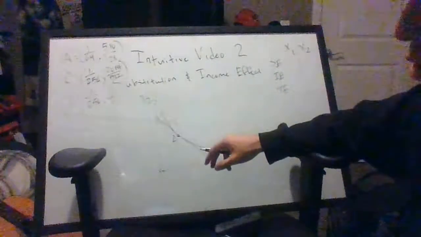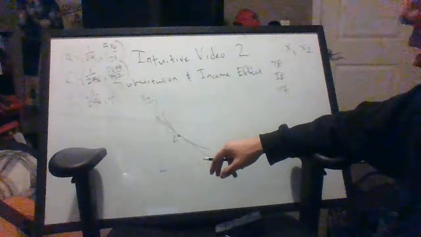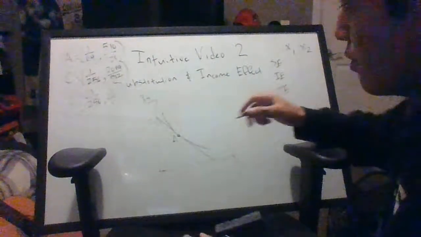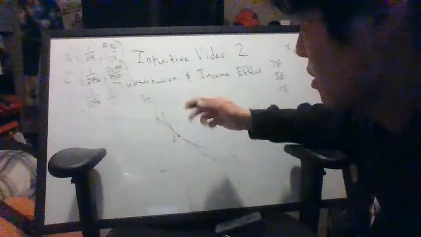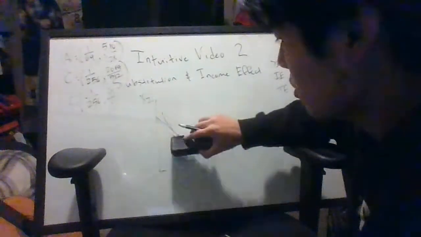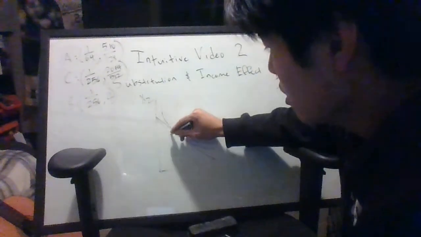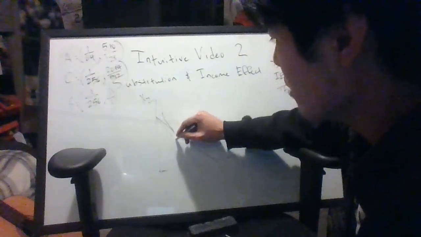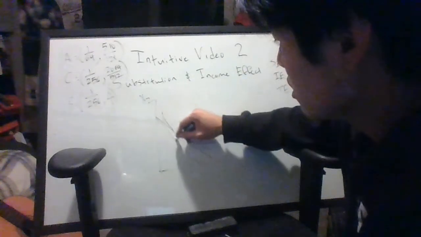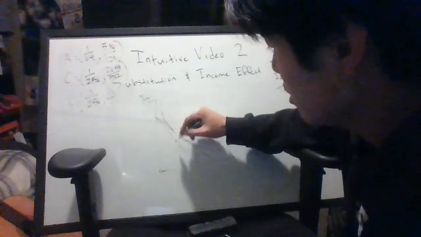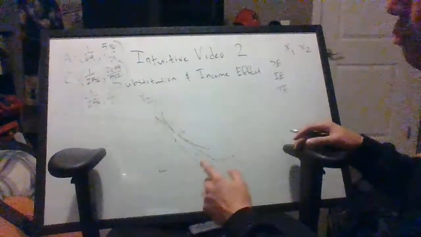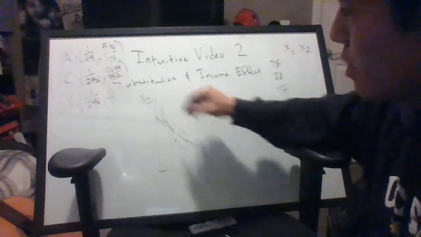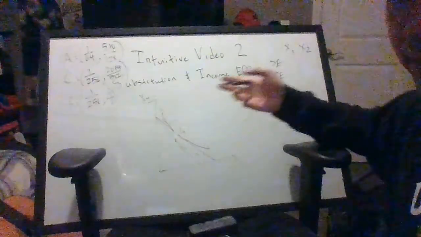We know that point C is going to be on this new budget constraint. And let's say, for example, that point C is, here, let me rewrite point A. Point A is here. And let's say that point C is just right here, okay? We know that point B is going to be on the same indifference curve as point A because they have the same utility.